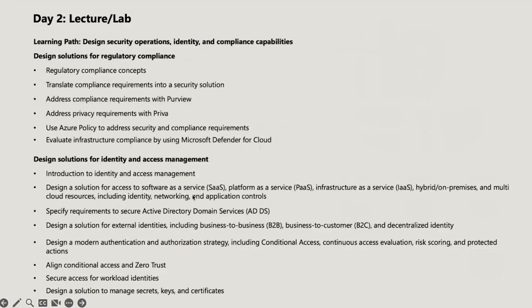We'll also discuss topics revolving around software as a service, platform as a service, and infrastructure as a service, including hybrid, on-prem, and multi-cloud environments. We also have topics related to securing Active Directory Domain Services, what comes under B2B and B2C design, what we have in modern authentication, and authorization strategy, including conditional access, continuous access evaluation, and multi-factor authentication. All these things come under the design solutions for identity and access management discussion.